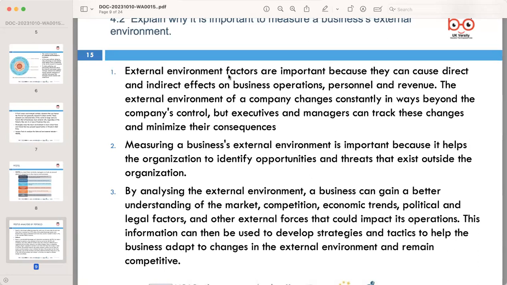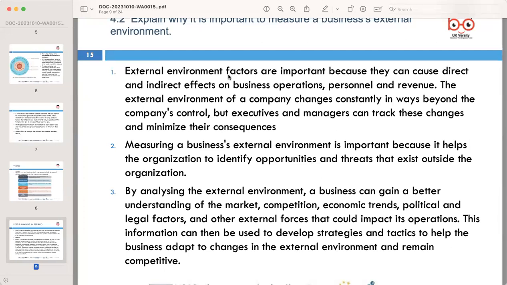Then we can say consumer needs and technological advancement: measuring the external environment helps businesses anticipate and respond to changes in consumer needs and preferences, as well as technological advancement. These external factors can significantly impact a business's ability to succeed in the market.